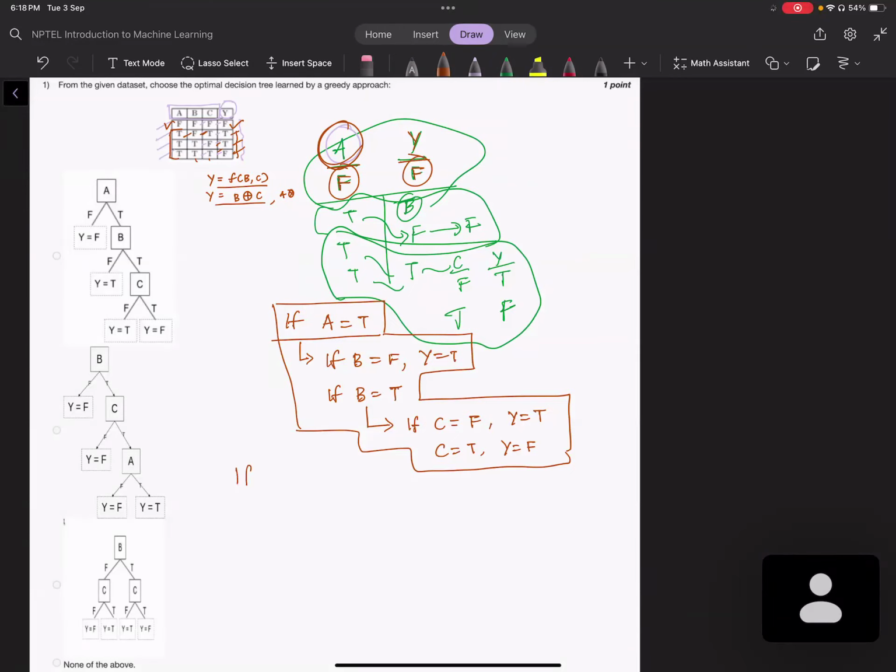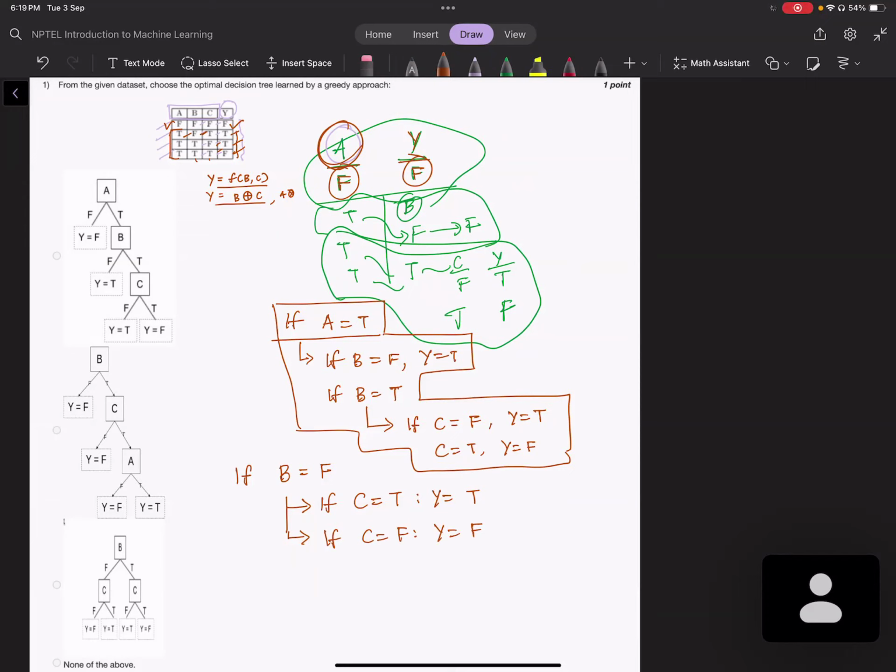So if B equals false, then we can look at C. If B equals false and C equals true, that gives Y equals true, and if C equals false, Y would be false.